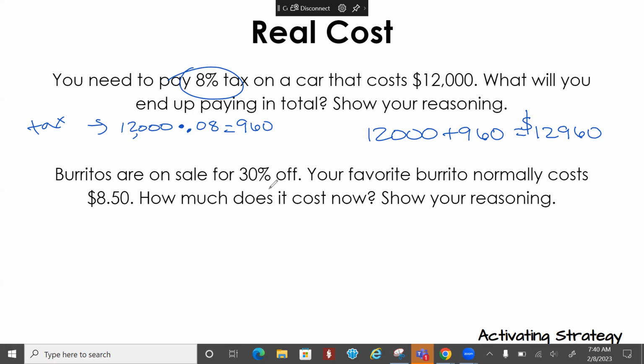Okay, turn the 30% into 0.3. Multiply it times 8.50, right? Okay, so we get 8.50 times 0.3, and that gives me $2.55. Is that how much it costs now? Okay, so what do we need to do now?